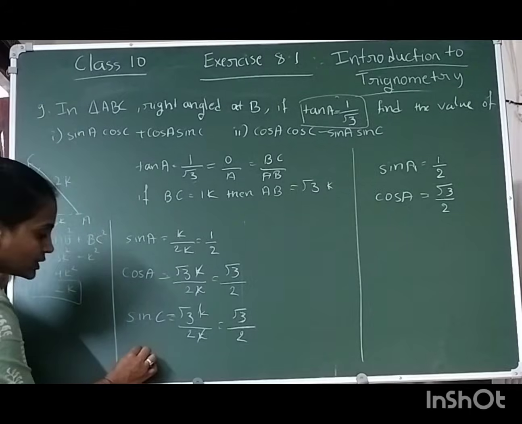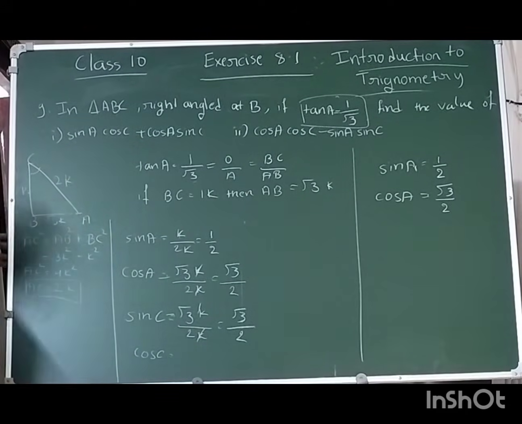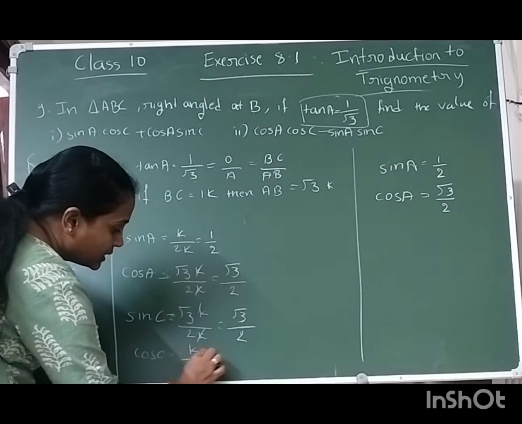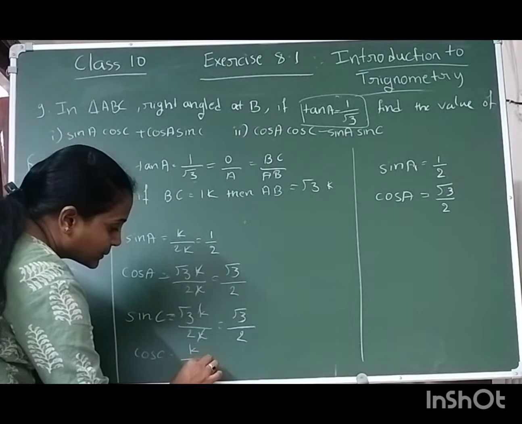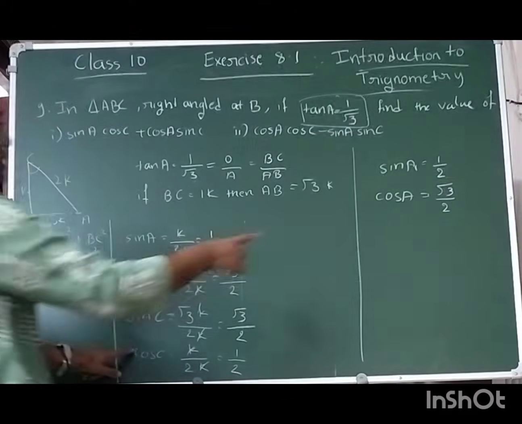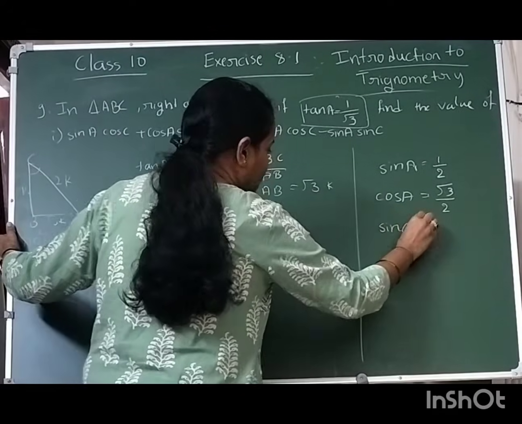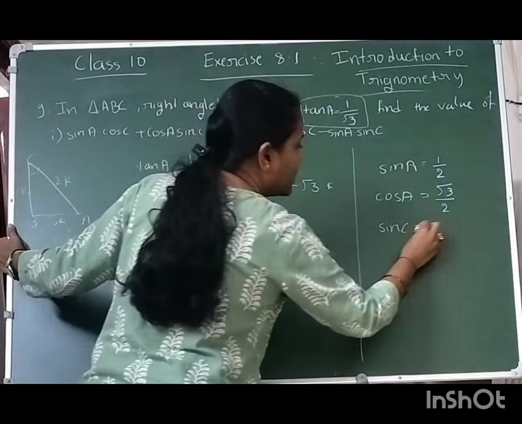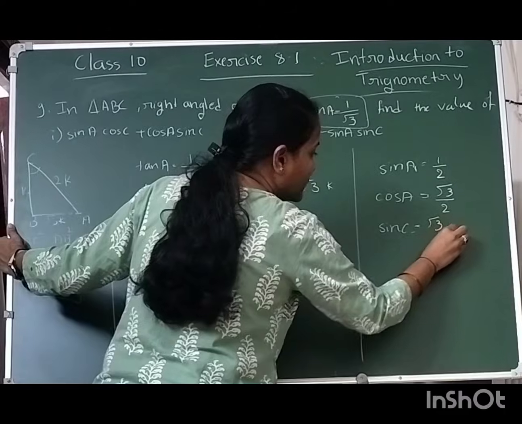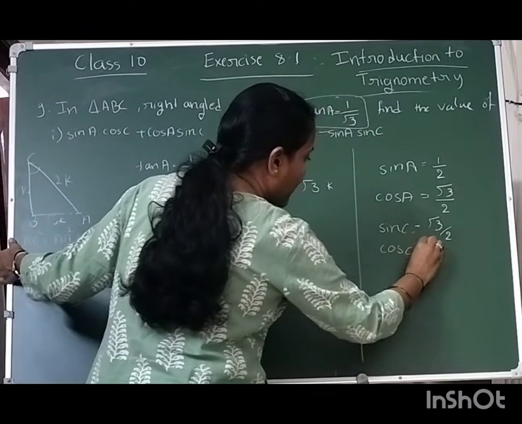Similarly, we'll find out cos C. So cos C is adjacent by hypotenuse, that is K by 2K. K will get cancelled, we'll get 1 by 2. So let's write these two values aside. That is sin C, we got as root 3 by 2, and cos C, we got as 1 by 2.